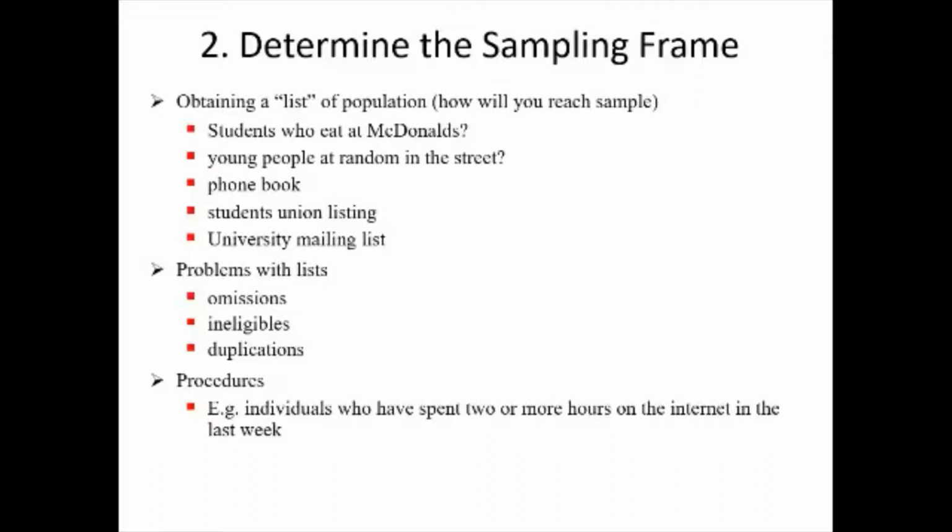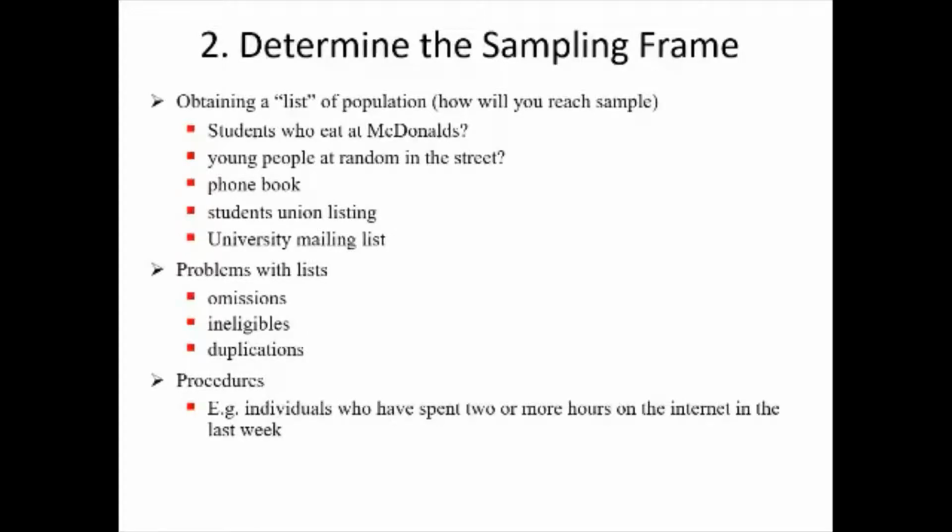It consists of their names, addresses, and phone numbers. So the second step is to collect the details regarding the population, such as names and addresses, or whatever details help to collect opinions from the respondents.